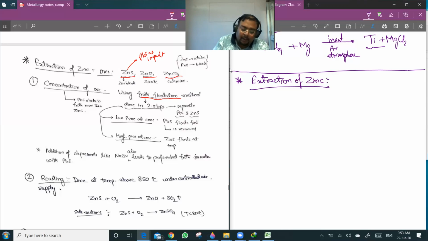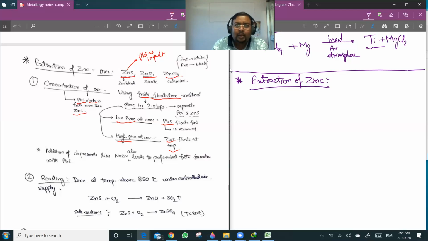PbS has a higher sticking tendency than ZnS, so we do froth flotation in two steps. First we use a low pine oil concentration. At a lower pine oil concentration, only PbS will selectively stick to the froth because of its higher sticking tendency, so the earlier froth collected mainly contains PbS. Then at higher pine oil concentration, zinc sulfide will start floating on top.